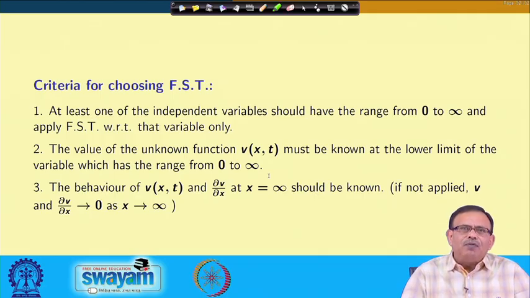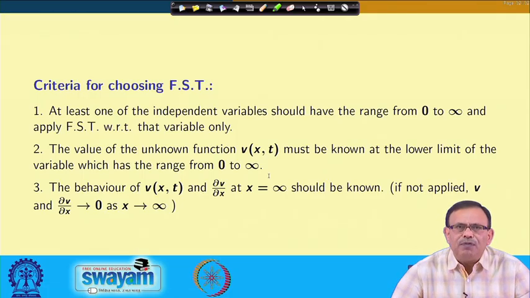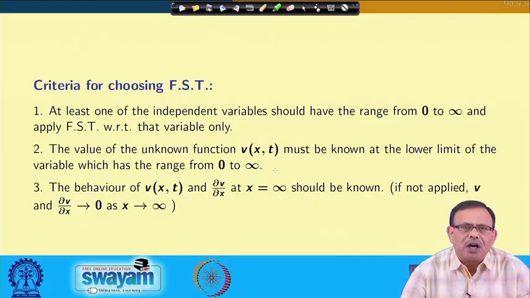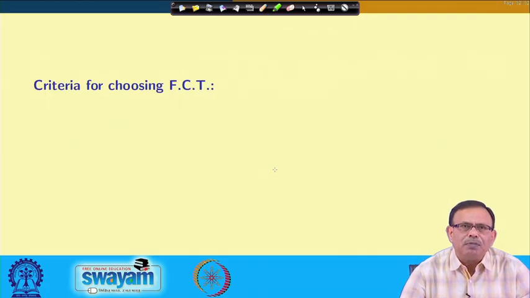The value of the unknown function v x t must be known at the lower limit of the variable, that is at x equals 0, where the range is from 0 to infinity, and the behavior of v x t and del v del x at x equals infinity should be known, or in other words, what the possible values should be. For physical problems in general, v and del v del x approach 0 whenever x approaches infinity. So, this is the criteria for the Fourier sine transform.